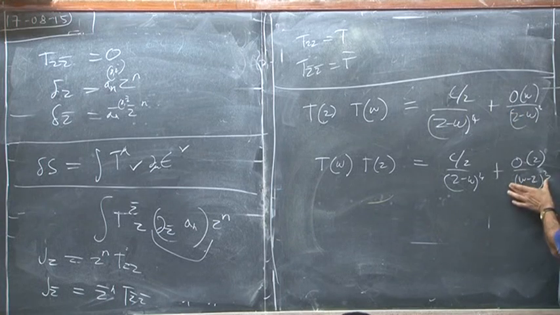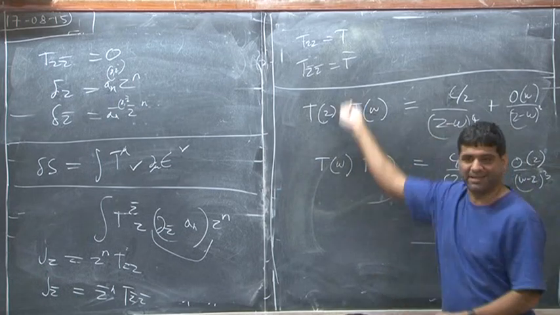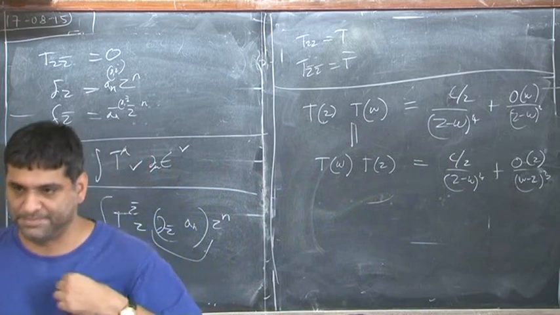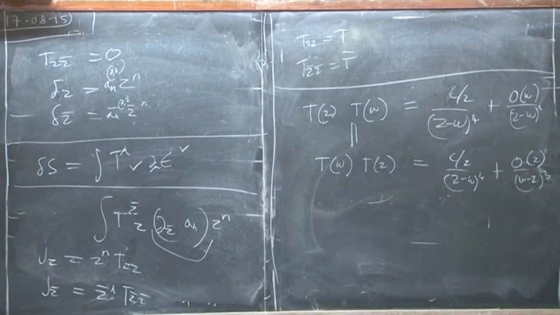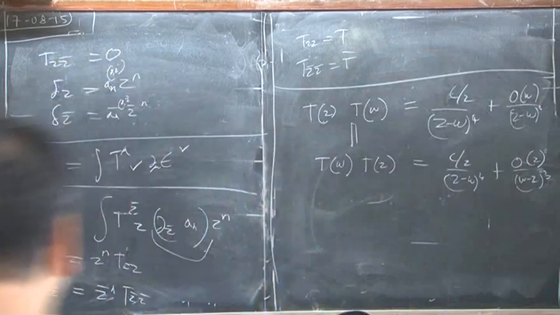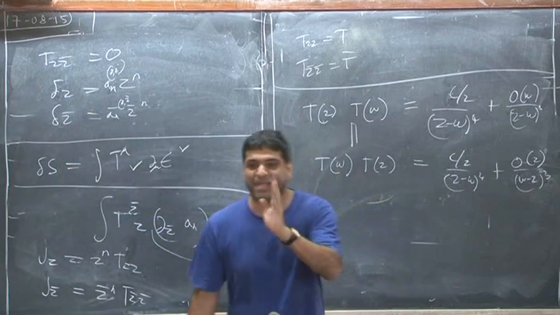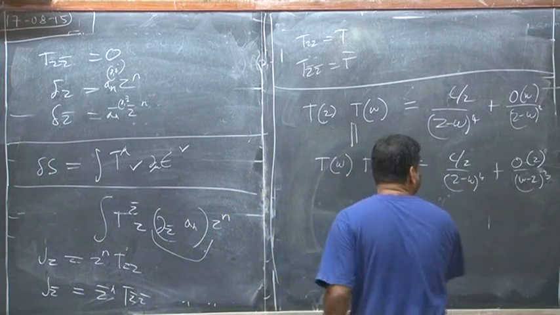The leading singularity, the w minus z cubed singularity, is not allowed since these two are symmetric. It's the same operator product. It's the symmetry between z and w which forbids this kind of odd term. We'll see where we can get odd terms, but this one is just forbidden. Okay, so that's not allowed.